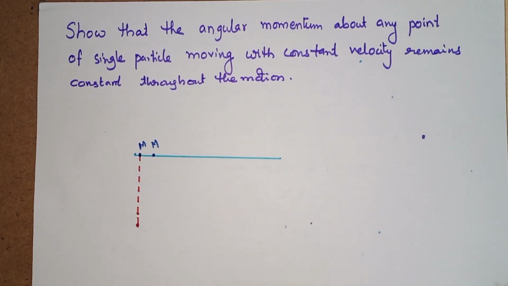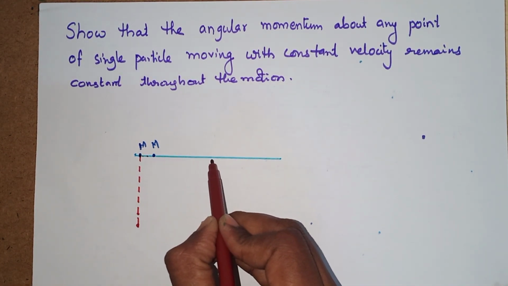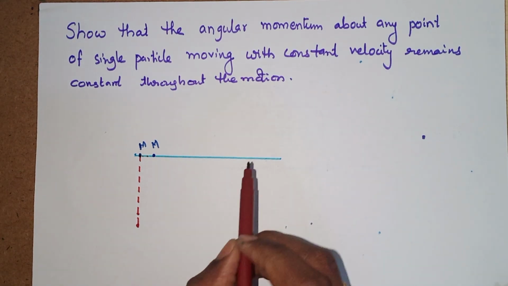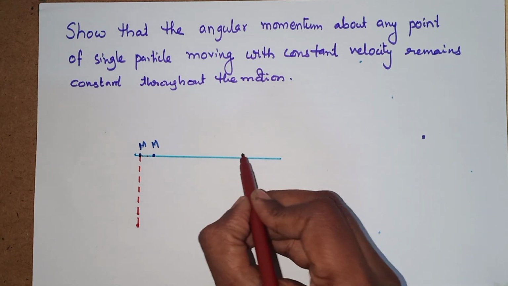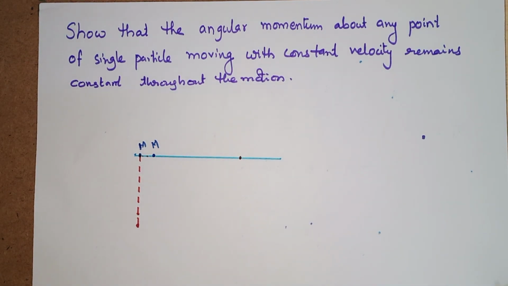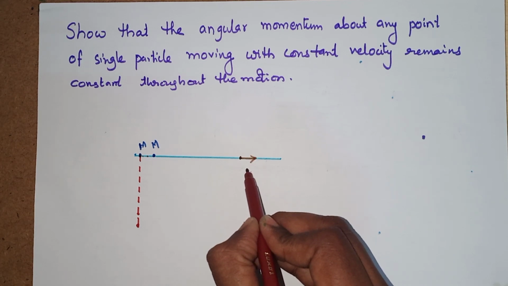Yes, here the simple problem: we have to show that the angular momentum about any point of a single particle moving with a constant velocity remains the same throughout the motion. We have to prove that angular momentum remains same. This is a point where the velocity is v.